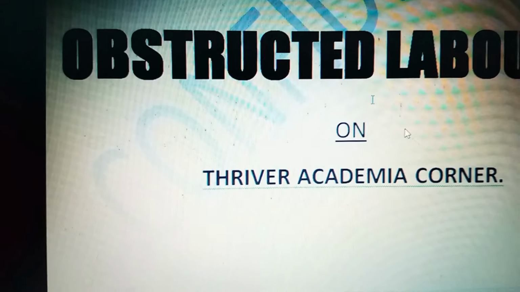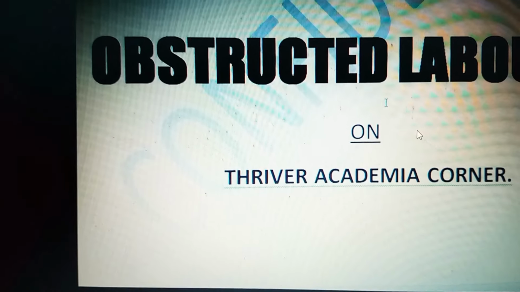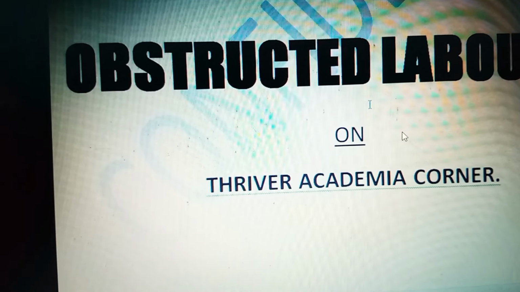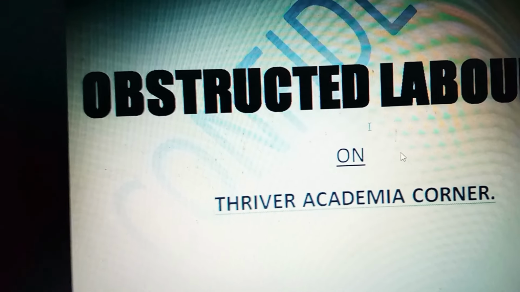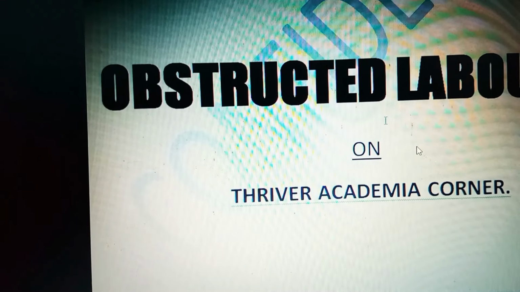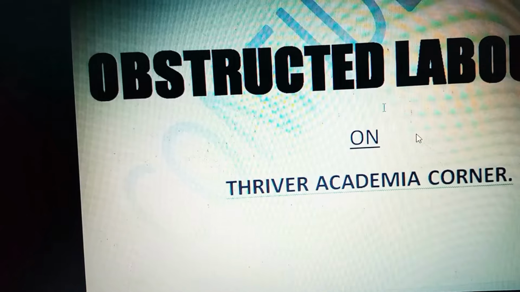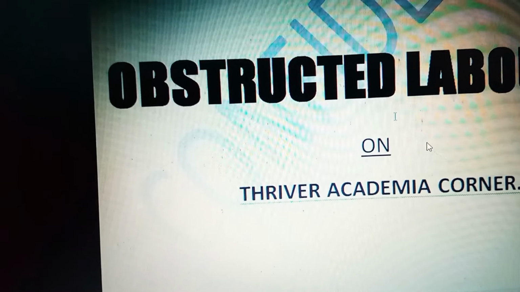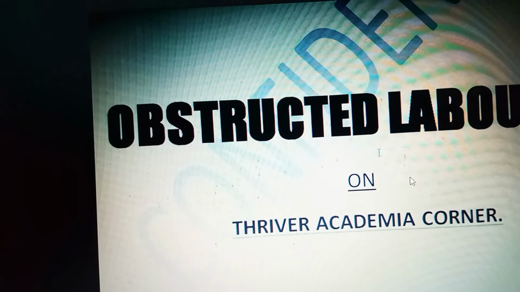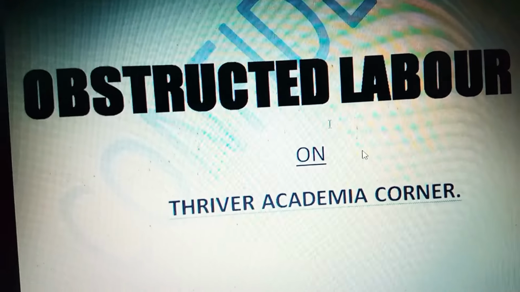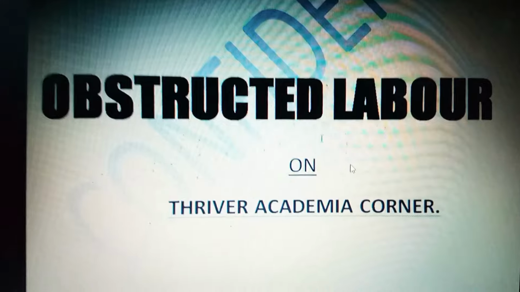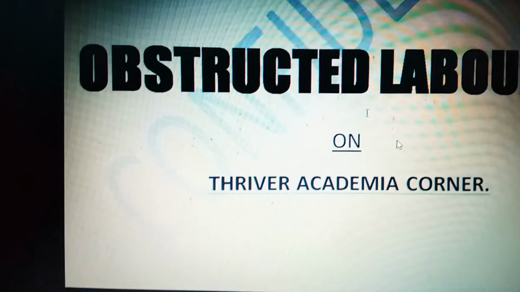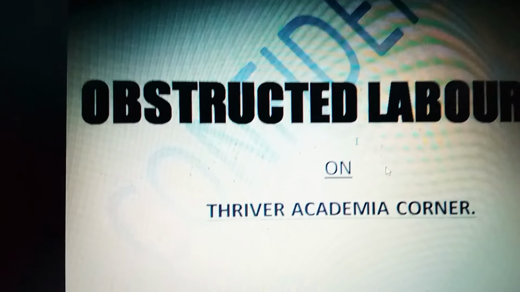These contracted pelvises are more common in women with android pelvis, and even undeveloped pelvises, like in primigravidas or women of less than 18 years. Their pelvises are not fully developed, so they can tend to obstruct the labor or cause CPD, which is going to lead to obstruction.